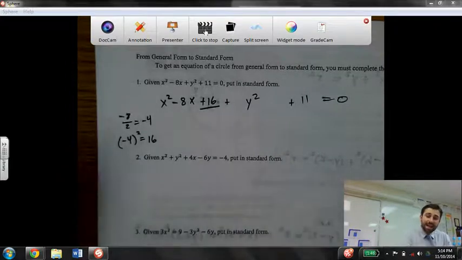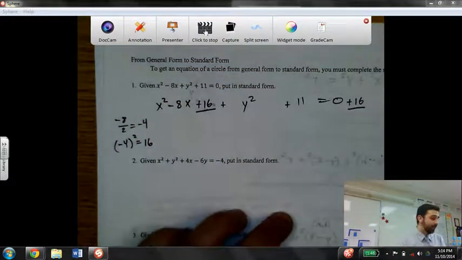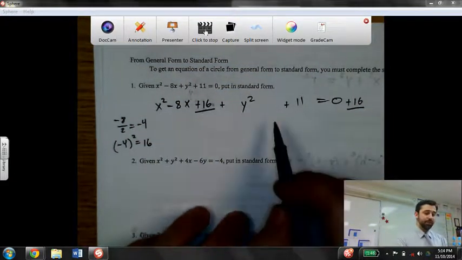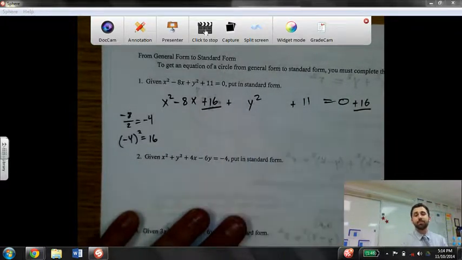Well, if I add to one side, we know from completing the square I have to add to the other. Now, in this situation, I do not have a b term with the y, so I'm not going to have to complete the square with the y's.